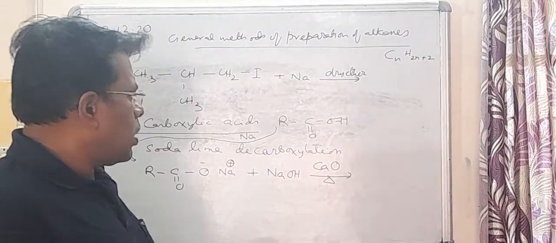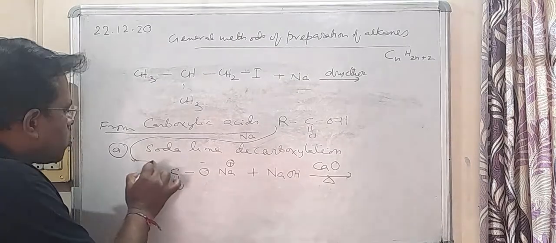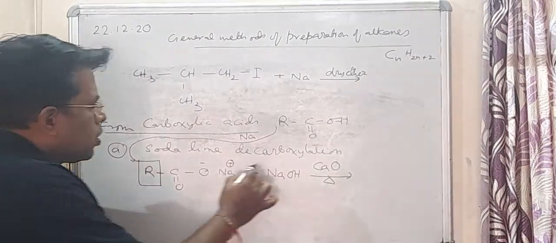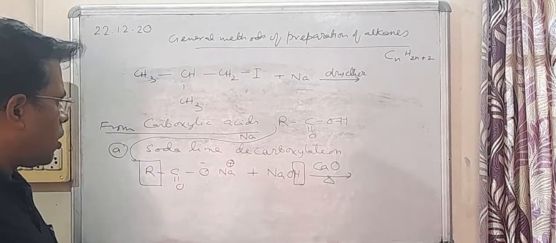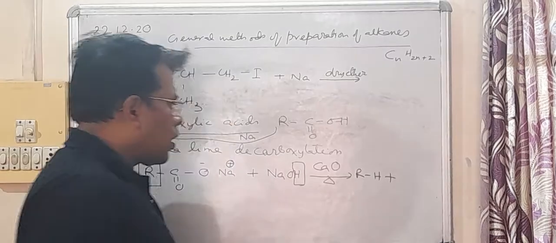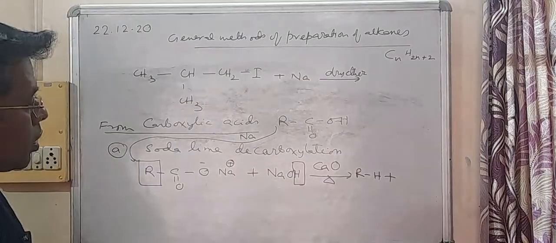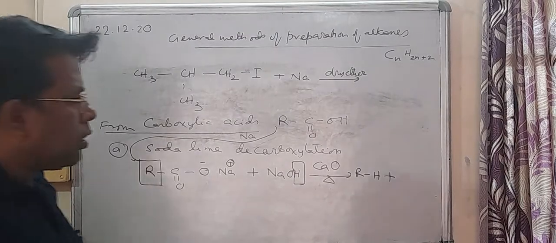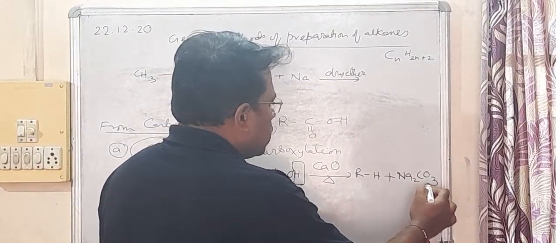Then we get alkane. Now, how do we get alkane? You should remember this R part combines with this H, and we get alkane, and the side product that we get is Na2CO3.